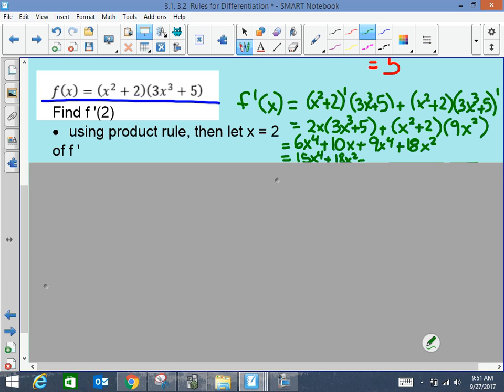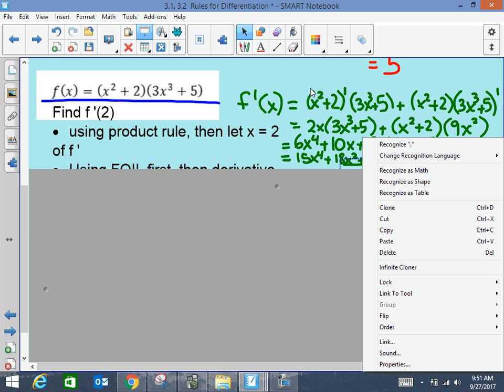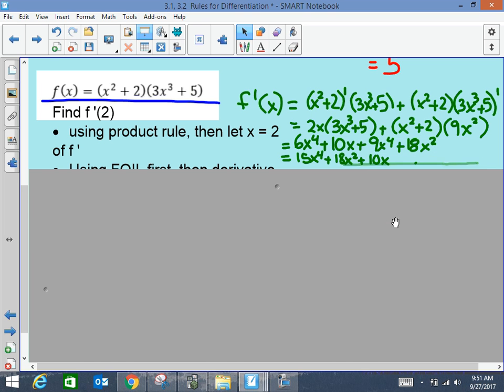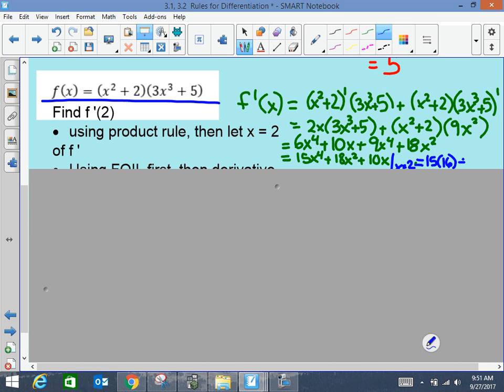Just FYI, you don't have a calculator, because if you had a calculator, you'd be all over it and you'd be done a long time ago. Okay, and now we're going to put in x equals 2. So 15 times 16 plus 18 times 4 plus 20.